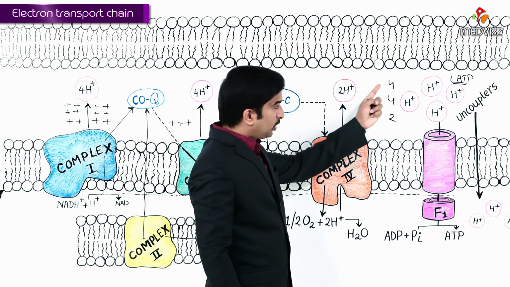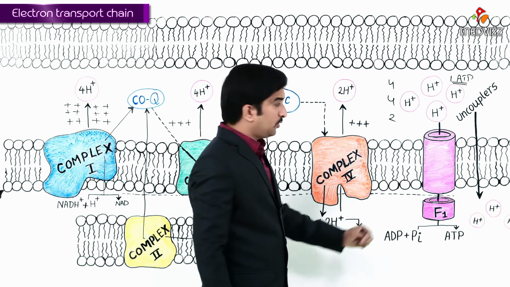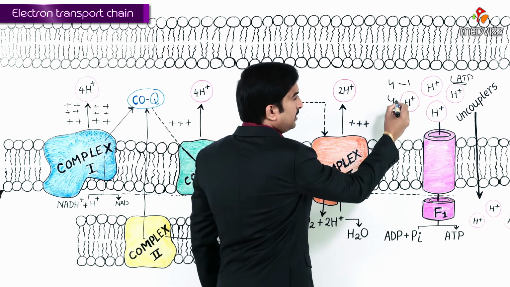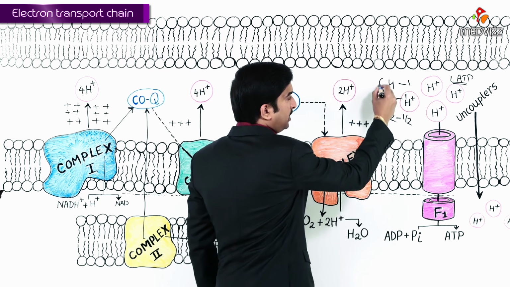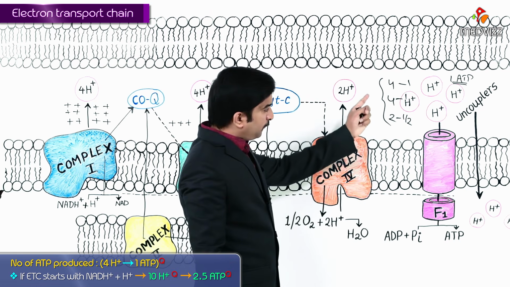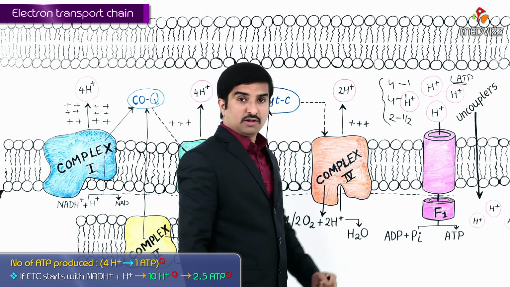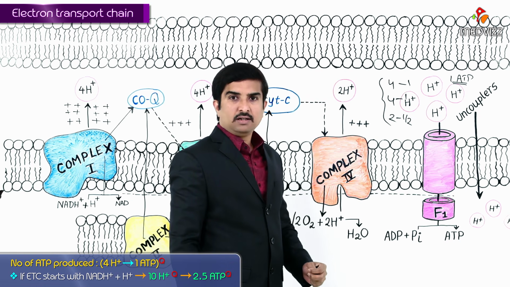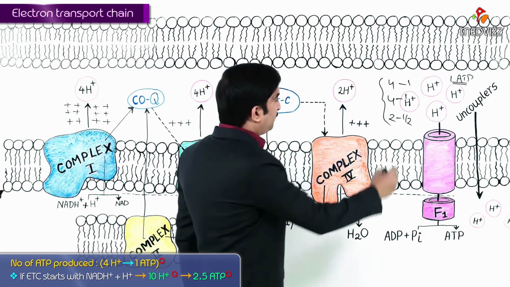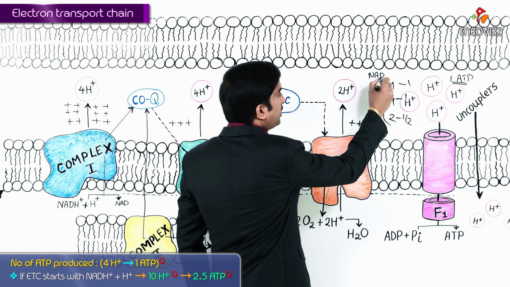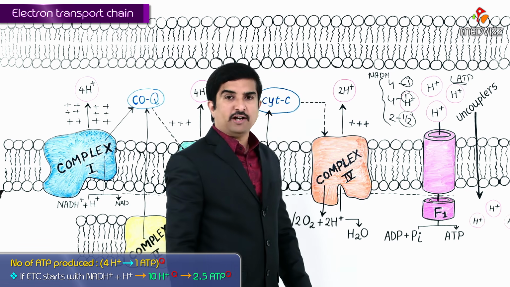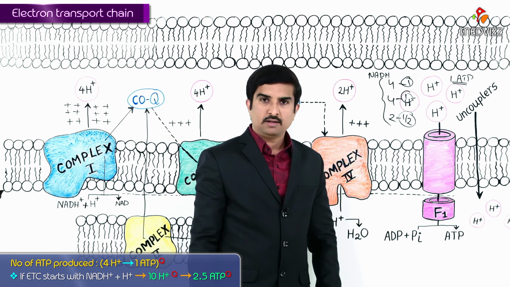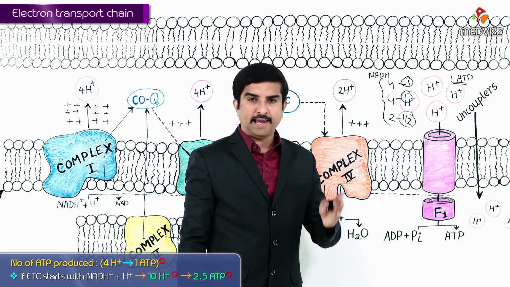So when 4 protons are traveling down the concentration gradient, 1 ATP, another 4, 1 ATP, another 2, half ATP. So if 10 protons flow down through the concentration gradient, how many ATPs are produced? If the pathway is from NADH, 1 plus 1 is 2 and a half. That is the reason 2.5 ATPs are produced because of NADH.